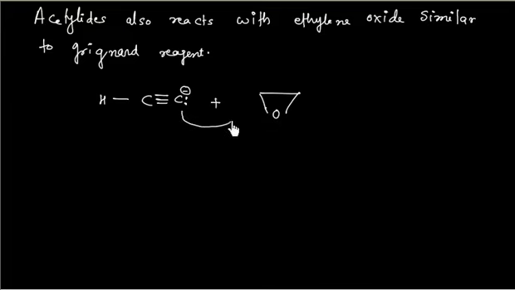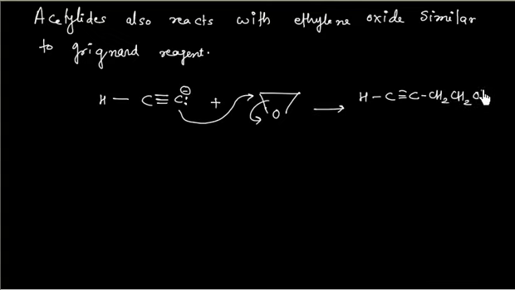In this case, this carbon will act as a nucleophile and attack on this carbon. This will open, so we'll have HC≡C, now 2 carbons increase, CH2CH2O minus.